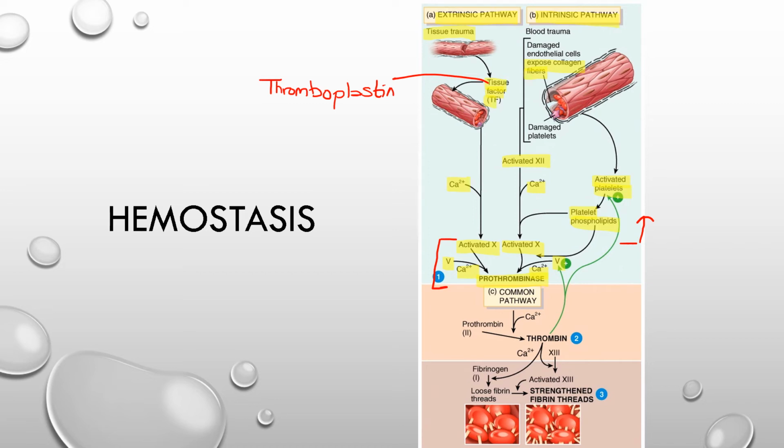So again, with the intrinsic pathway, we have blood trauma that causes the endothelial cells to become damaged, exposing collagen fibers. Those exposed collagen fibers will activate clotting factor 12 as well as activate platelets, like we saw with the platelet plug formation.